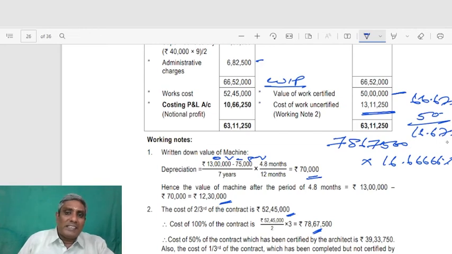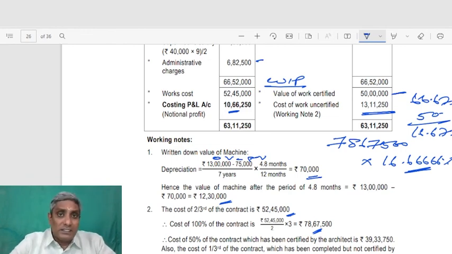Now if you take exactly 16.67, there will be some odd value coming, so you need to round off to a nearby figure. So 5 or 6 digits in decimal will give you nearly a round figure. So that is how 13 lakh 11,250. Hope I am clear. The entire notional profit is mentioned here. So these are all the methods which we follow while preparing contract account. Am I clear, my dear students? Great. Have a nice day.